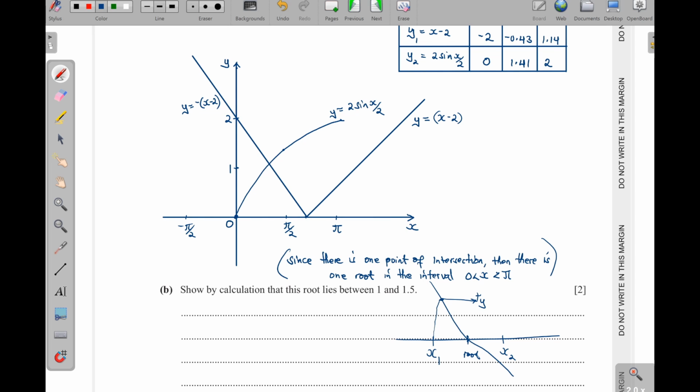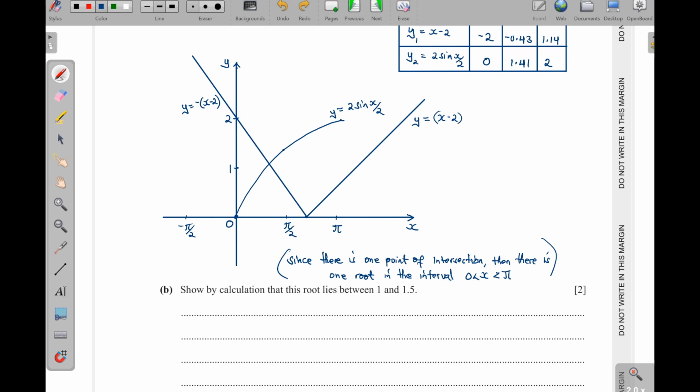Okay, y is positive. And this one, when we substitute in the function, gives us a y value that is negative, because it is below the x-axis. So when we get the two values of x and substitute them in the function, we should see a change in sign. One should give a positive and the other should give a negative.